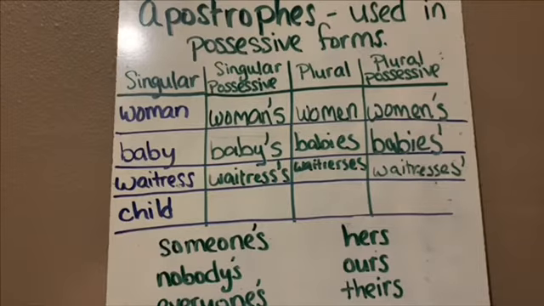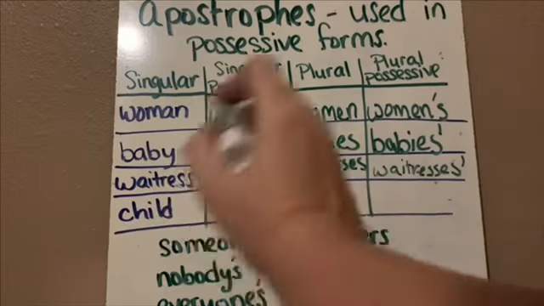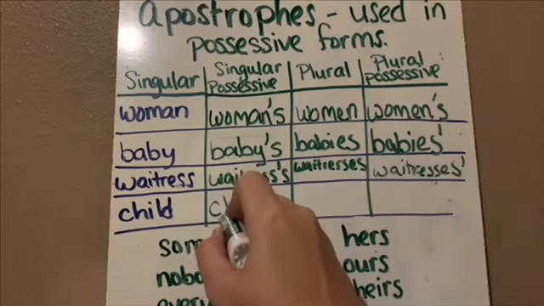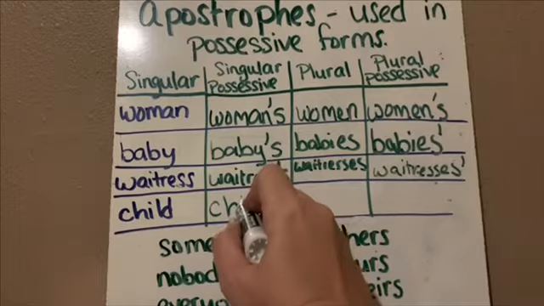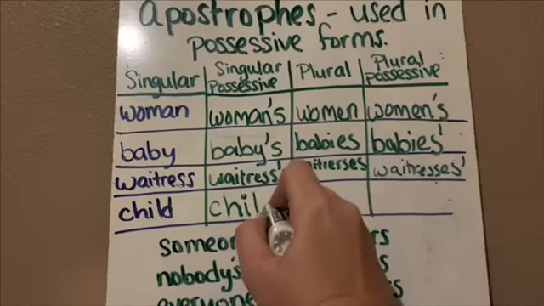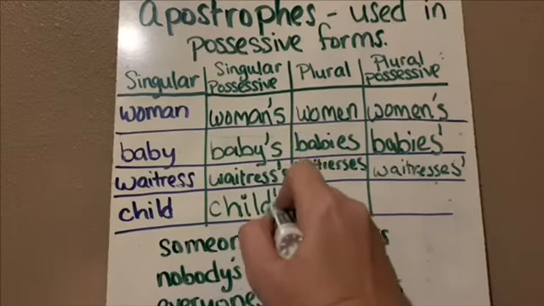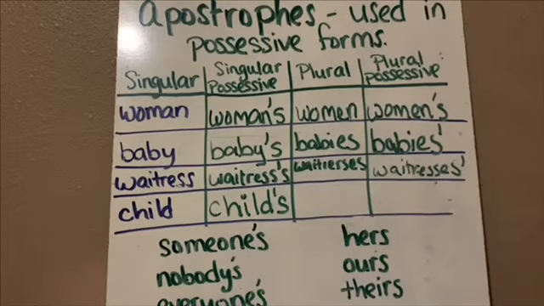The next one I have up there is the word child. Okay. If I'm talking about the child's toy, it's one toy, it belongs to the child, to one child, then I'm going to say apostrophe S. This is another one of those irregular nouns where my whole word changes.